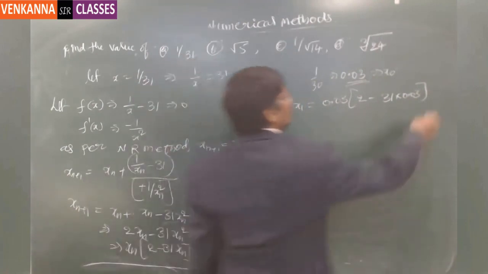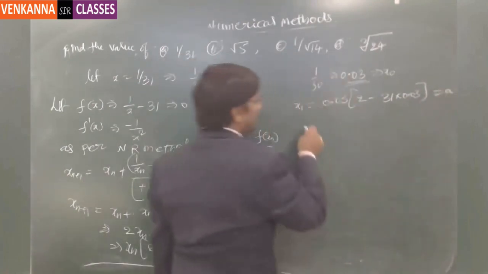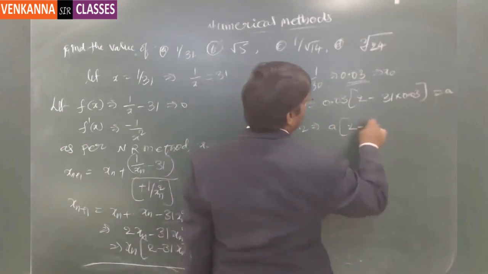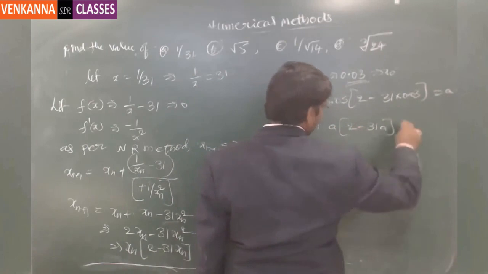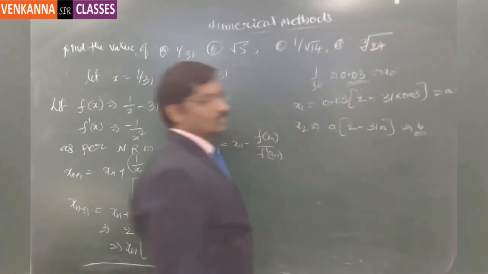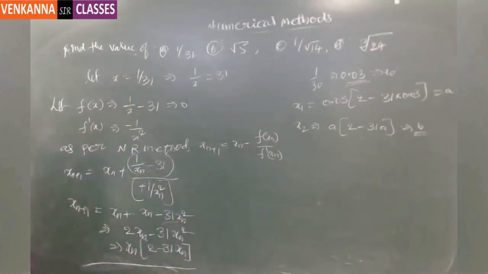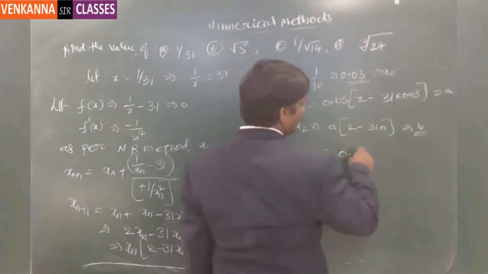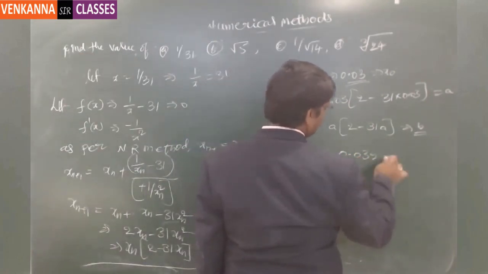Let us say you get a value of a here. Then x2 equal to a times 2 minus 31 into a. So this is going to give the value of b, which is almost the closer root. That closer root, maybe I think it is around 0.03226. So x3 value 0.03226.